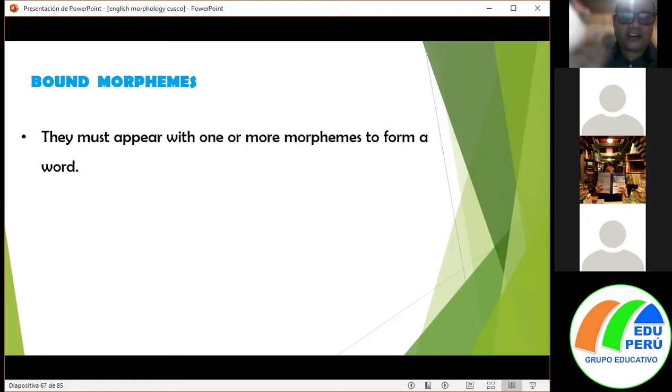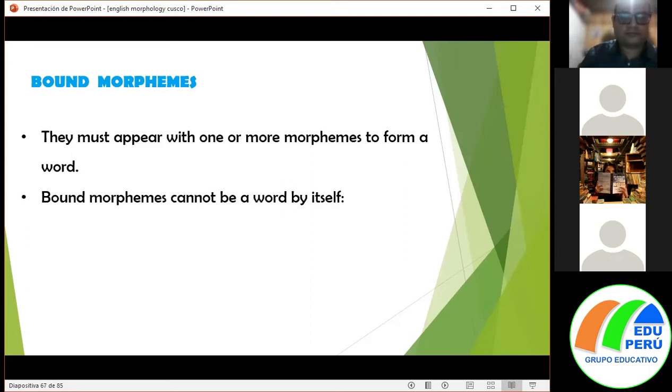They cannot be alone. This is the principal difference between free morphemes and bound morphemes. Bound morphemes cannot appear alone as a word; they need one or more morphemes to form a word.